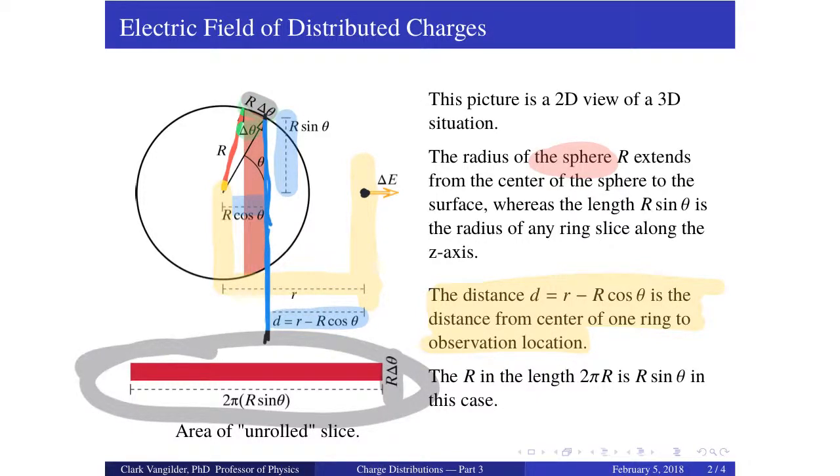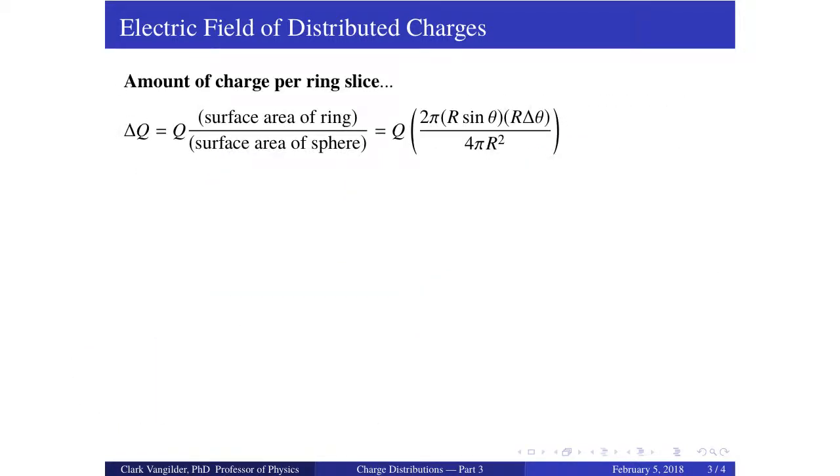As I squash it down, that arc length becomes r d theta. We did that last semester with circular motion, torque, and all that. And then a full revolution, 2 pi r sine theta. So the area of that slice would have those dimensions. We could compute that with those parameters. That's the basic stuff.